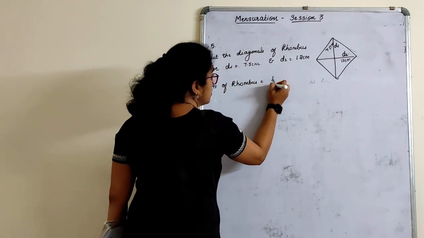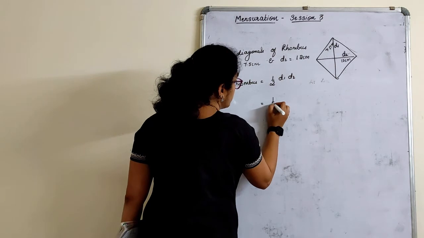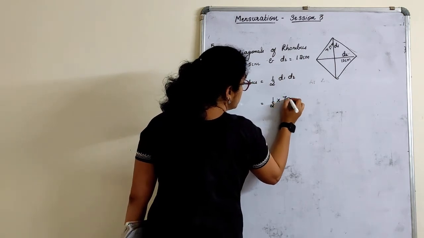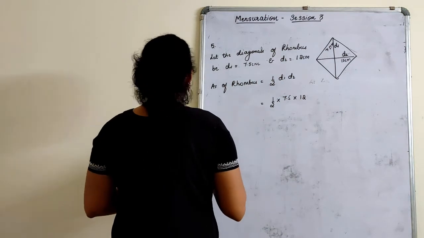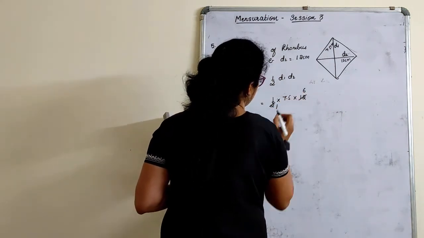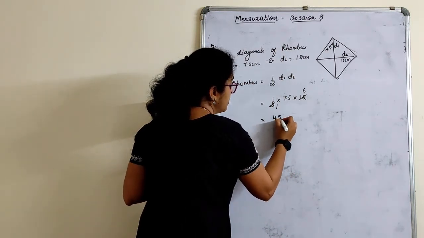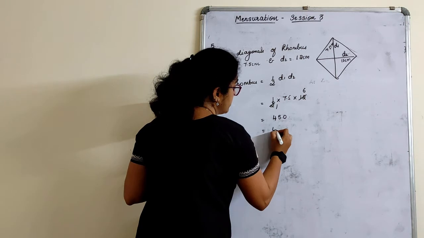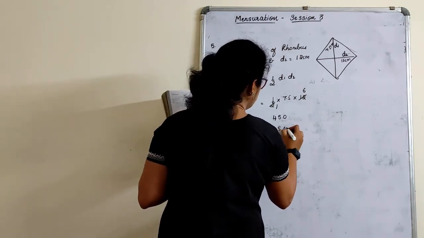Formula: half D1 D2. Half into 7.5 into 12. Right? 2 ones are 2, 6 are 75 into 6 is 450. So we will write this as 45 centimeter square. It is centimeter square.